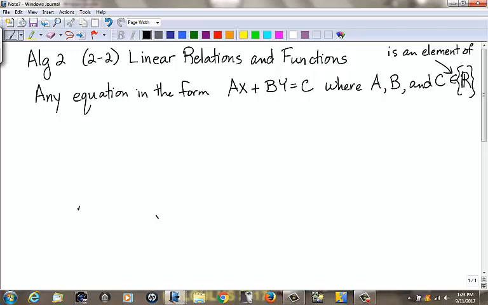Well, if you think of the history of math, way back, they didn't have our alphabet back then.